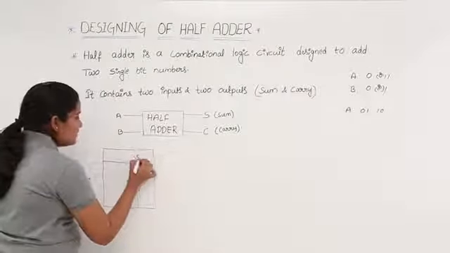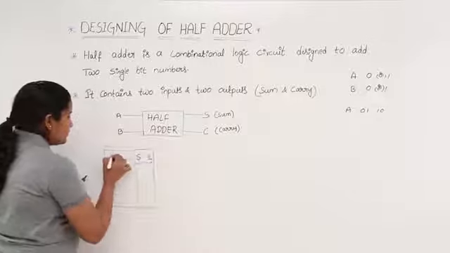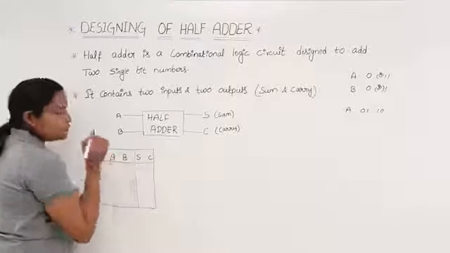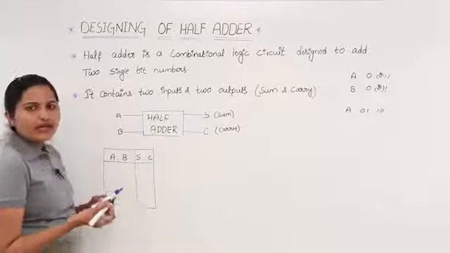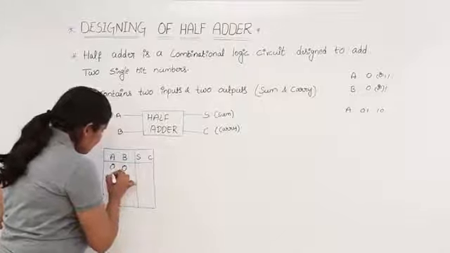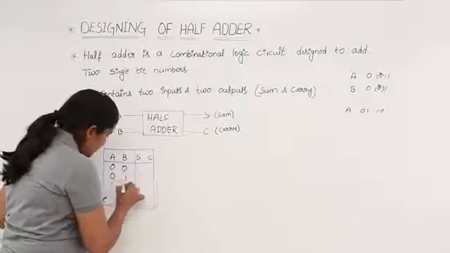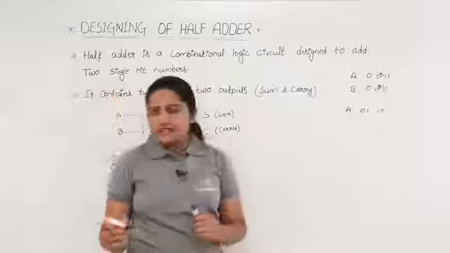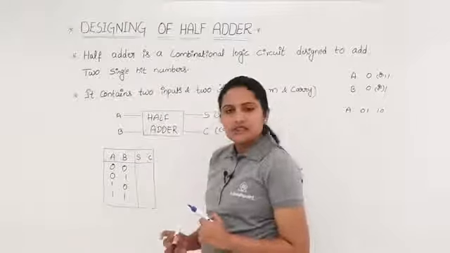Sum and carry are the two outputs, A and B are the two inputs. With two inputs you know that you may have four combinations, that is 00, 01, 10 and 11. These are the possible four combinations for these two inputs.